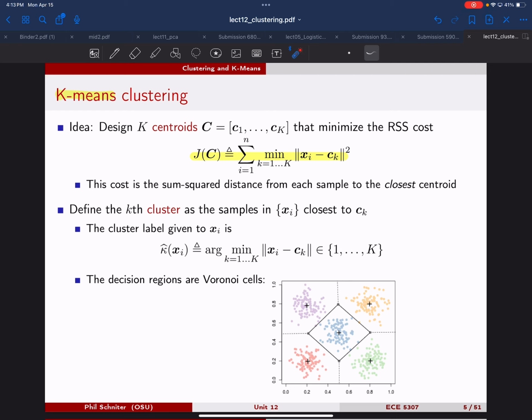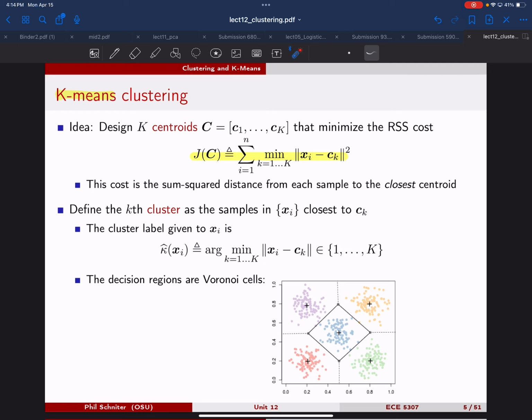So I didn't say it too well. Basically, the cost is the sum squared distance from each sample to its closest centroid. So that's the idea. As you move around these centroids, which one is closest to a given sample will change.